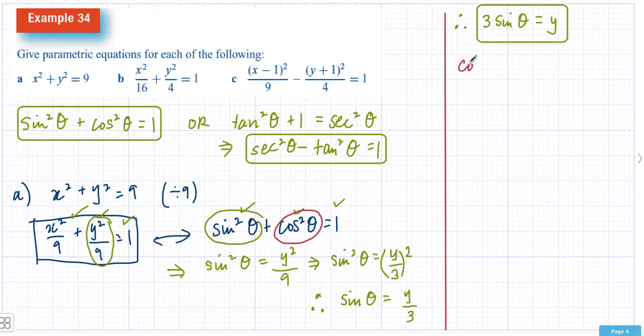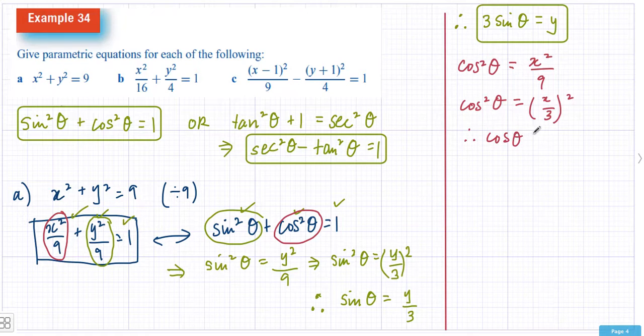I'm going to write down here, cos squared theta is equal to the other part over here, because we've got the 1 on each side. So this is x squared on 9. Again we do the same thing: cos squared theta equals x on 3 all squared. So cos of theta equals x on 3, and therefore 3 cos theta equals x.